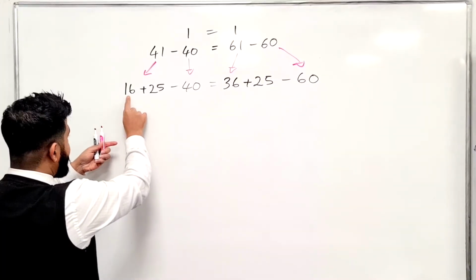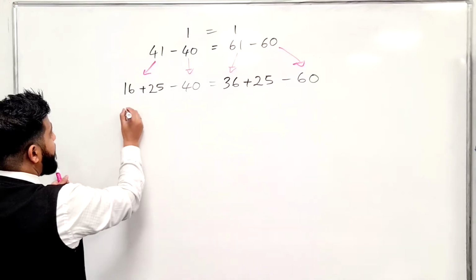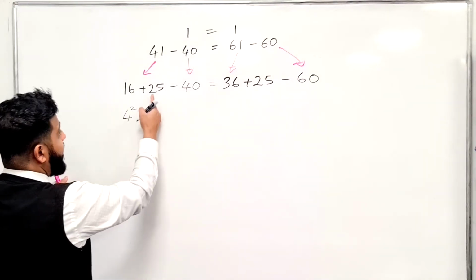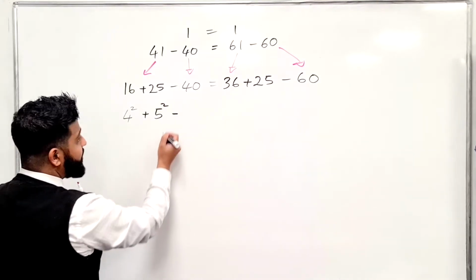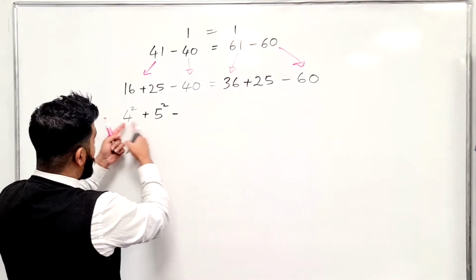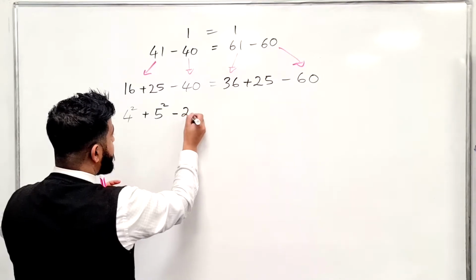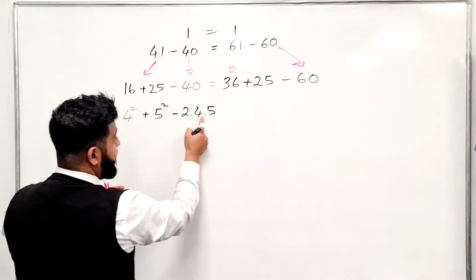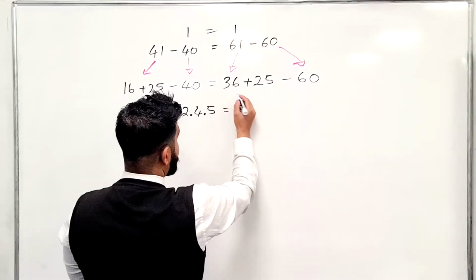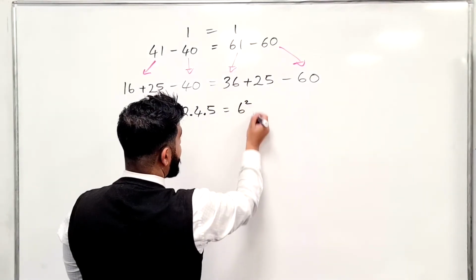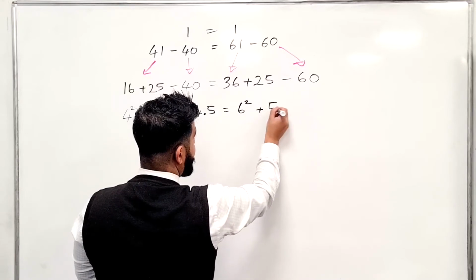Now, the 16, we can rewrite as 4 squared, and the 25, we'll have as 5 squared. And the 40 can be written as a product of these numbers by doing 2 times 4 times 5. The dot here is signifying multiply. So over here, we can do the same thing. 36 is 6 squared plus 25, which is 5 squared.